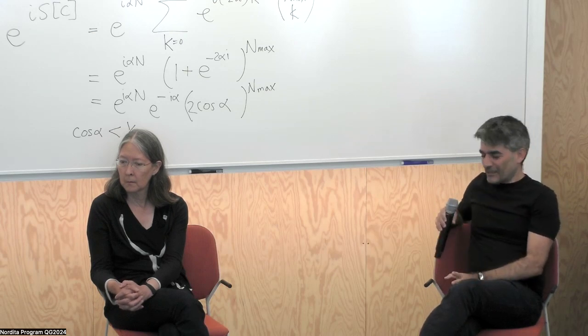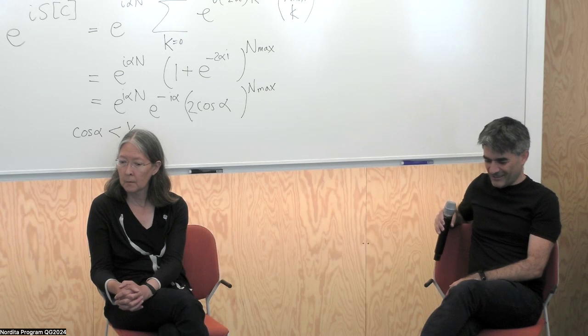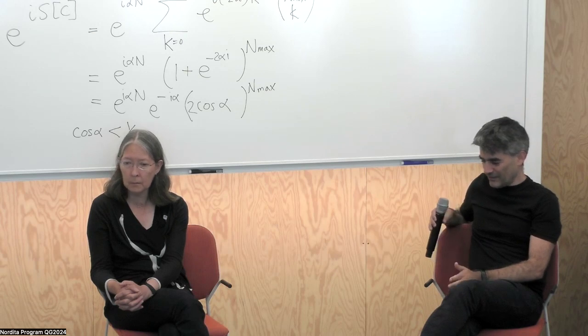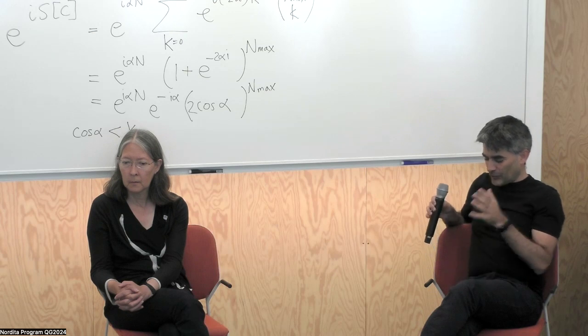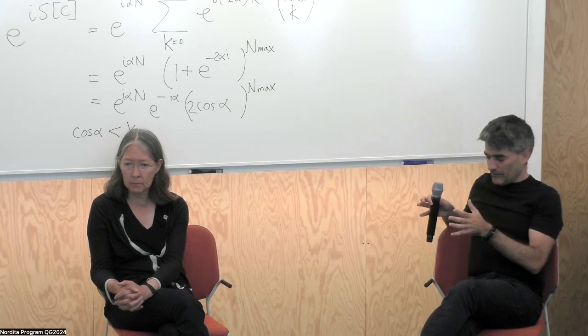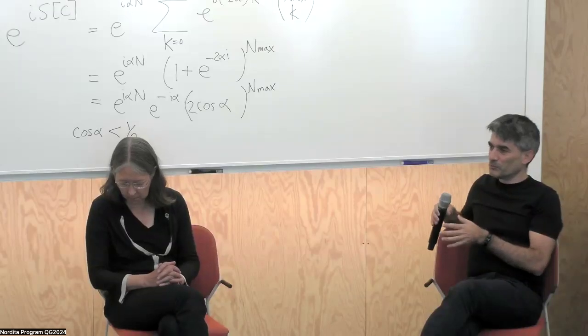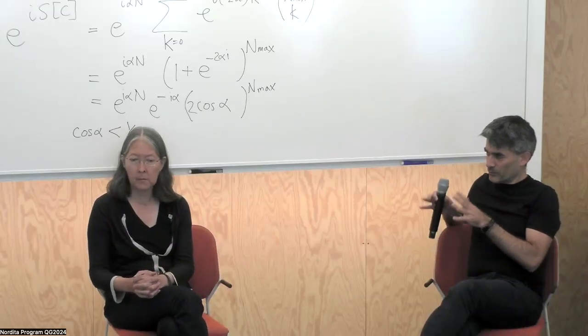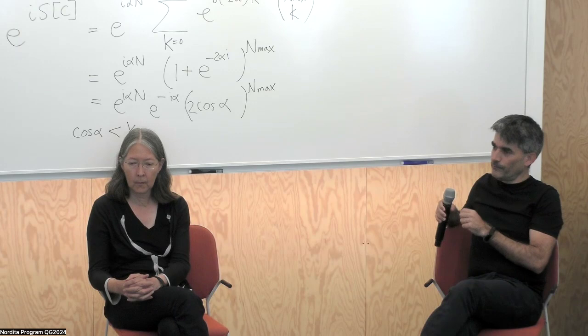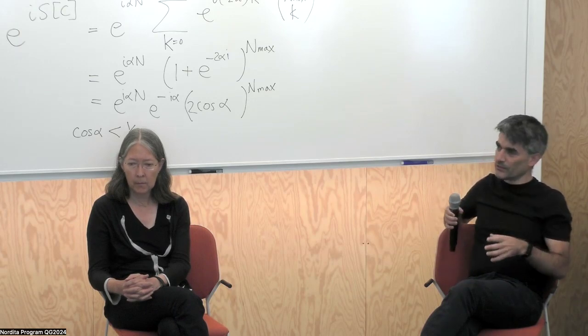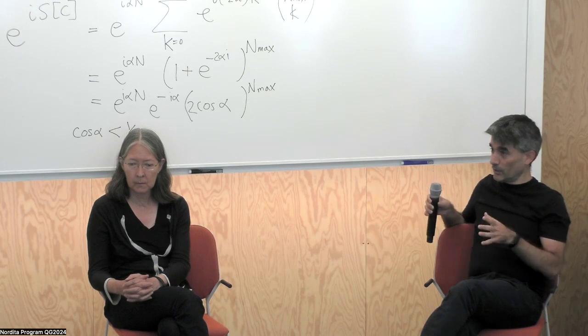So the way I see the problem of quantum gravity is that I try to take the basic lessons from quantum mechanics, not necessarily all the principles, the basic physical insights from quantum mechanics, and the basic lessons from general relativity, and I put them together.